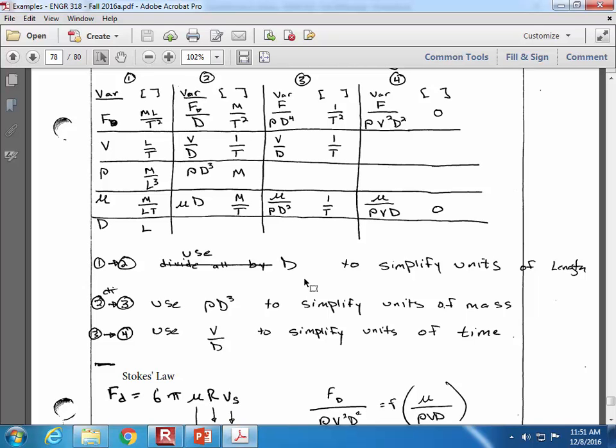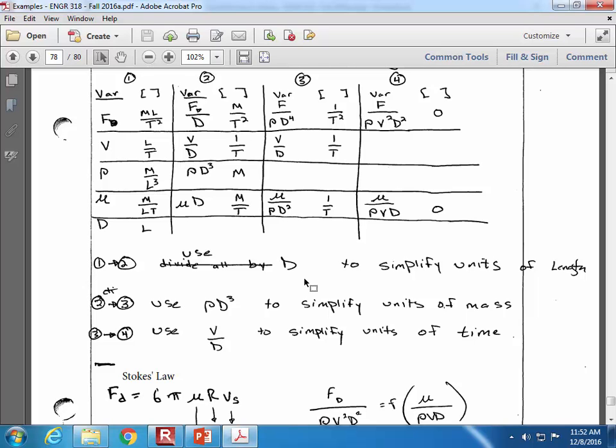And after canceling out the common d's, all that's left is this one. So this is a unitless expression. And I have to use the same one, because it's going to be canceled out when I'm done with it. I'm going to use the same one in combination with the top group. And what I end up with is force divided by density, velocity squared, diameter squared. And that is also unitless in the end.